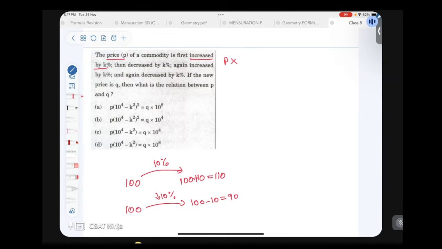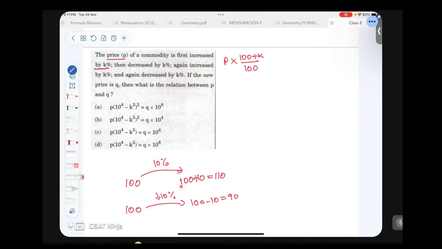So if the first price is increased by K%, earlier the price was 100 and it is increased by K, so can I write like this? 100 plus K, just like I did here. Earlier the price was 100 and since it is increased by 10%, it becomes 110.